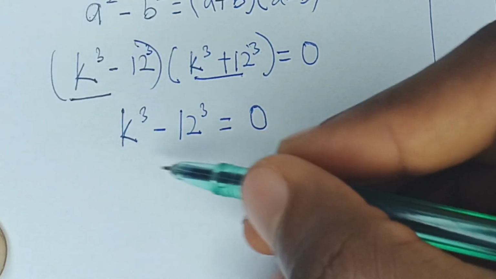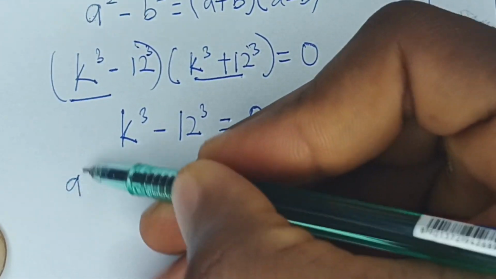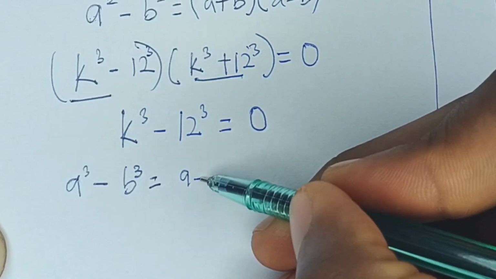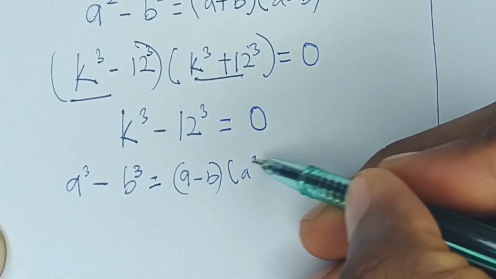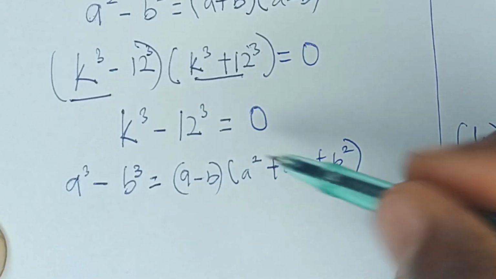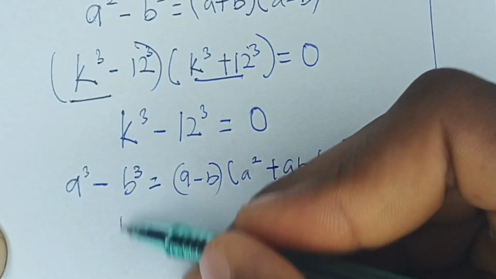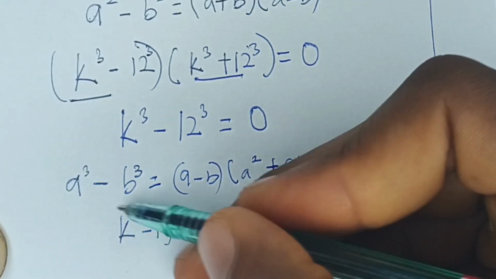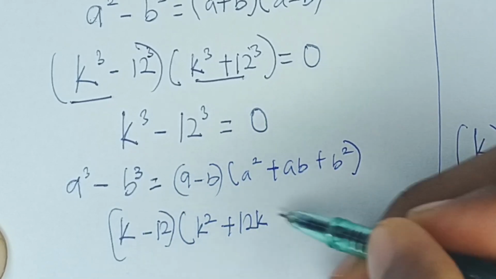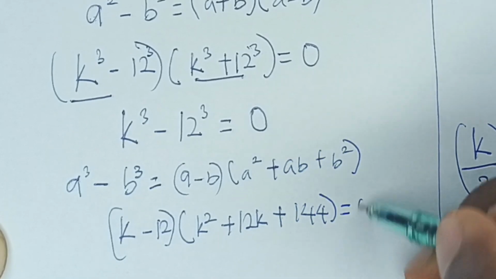Okay? Now using the law of difference of two cubes. The law of difference of two cubes says that a raised to the power 3 minus b raised to the power 3 will be equal to a minus b into a squared plus ab plus b squared. Okay? Applying this law here, we have that k raised to the power 3 minus 12 raised to the power 3 boils down to what? K minus 12 into k squared plus 12k plus 12 squared, which is 144, is equal to 0.